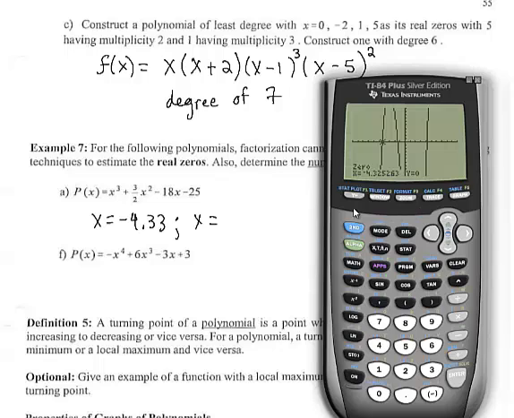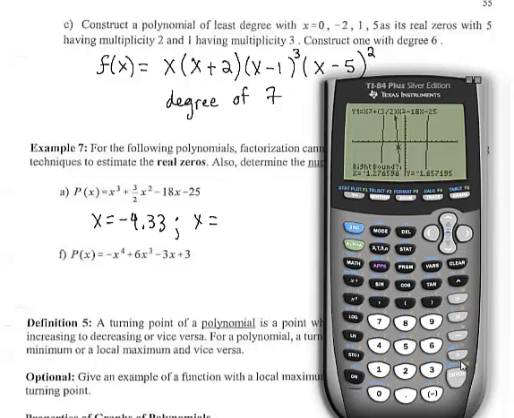Now I want to calculate my second zero, so I hit second calculate 2. Arrow over close to the second zero. We're still in the negative half of the x-axis. I'm to the left of the second zero, so I hit enter.